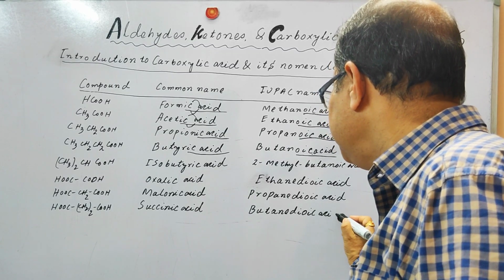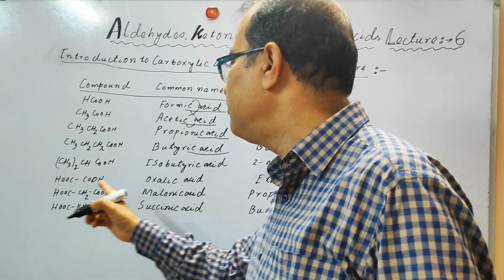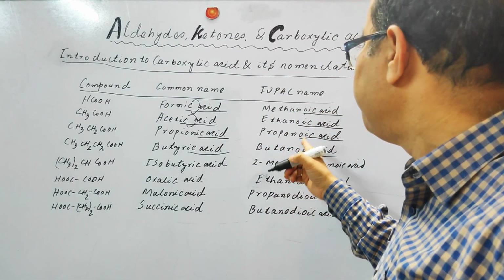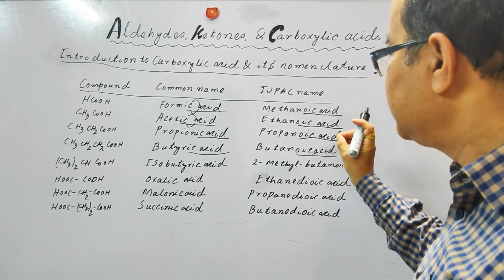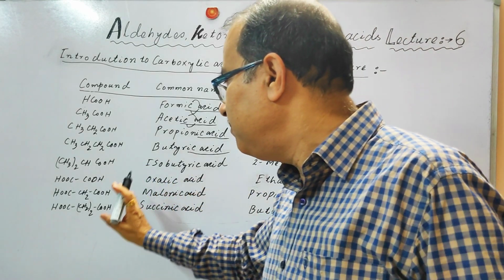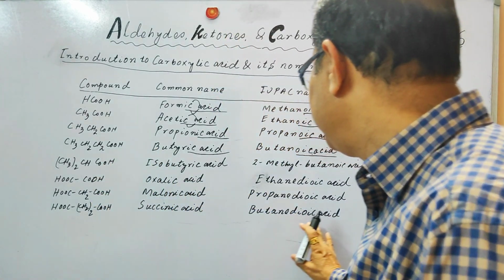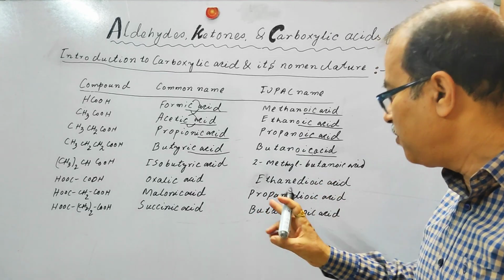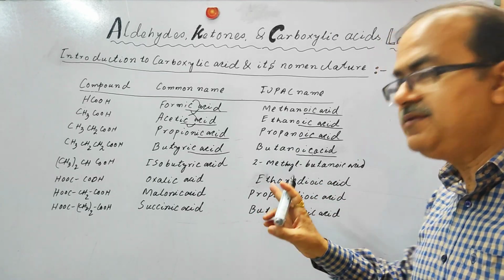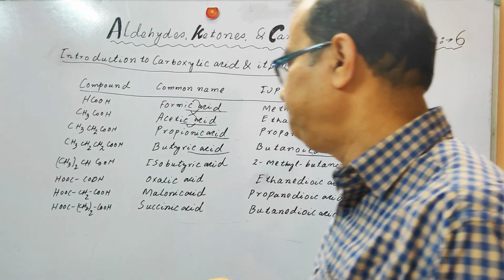So we can see that in the case of a single carboxylic group, we replace the last E of the alkane by oic acid, and in the case of more than one, we put a multiplicative prefix before the oic acid and retain the E of the alkane.